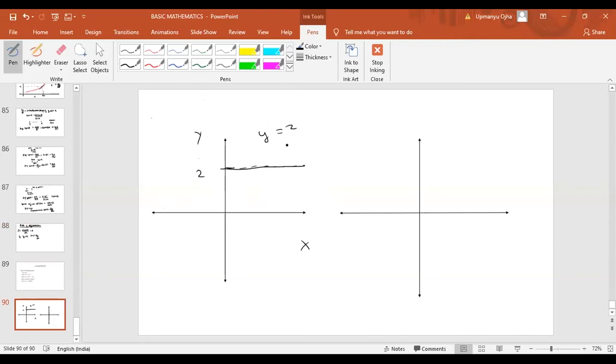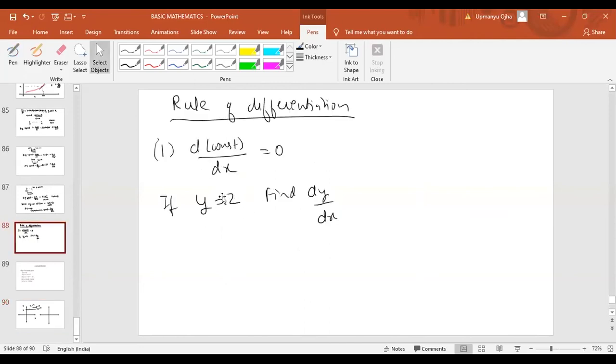The slope is 0 because it makes a 0 degree angle with the x-axis. So tan theta will be 0, or slope will be 0. So if y equal to 2, dy by dx will be 0, because 2 is a constant.